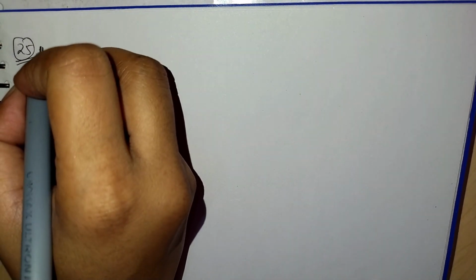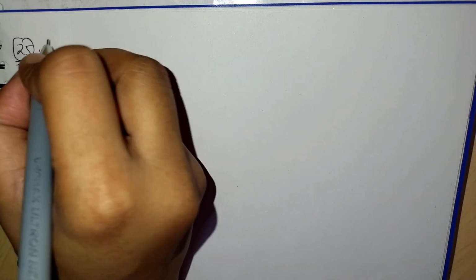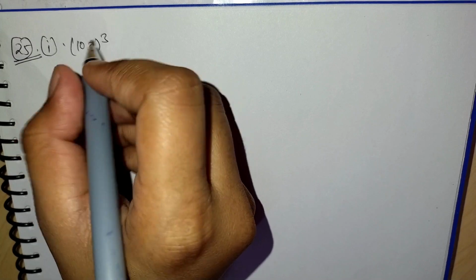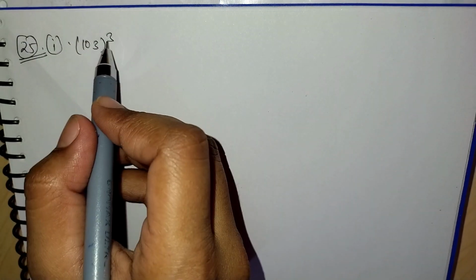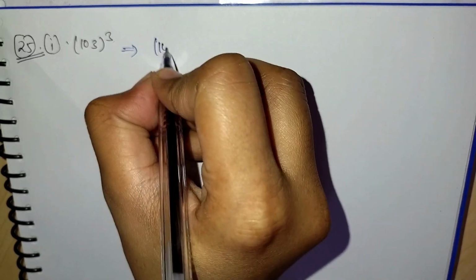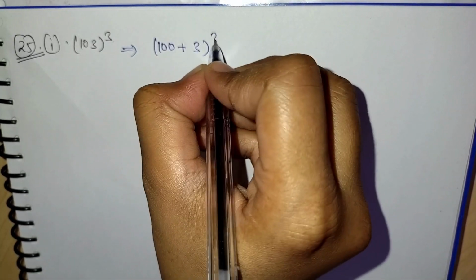Now let us solve the 25th part, which says that by using suitable identity, evaluate the following. First part says that 103 whole cube. So we will apply the identity which contains a cube here. So we can write it as (100 plus 3) whole cube.